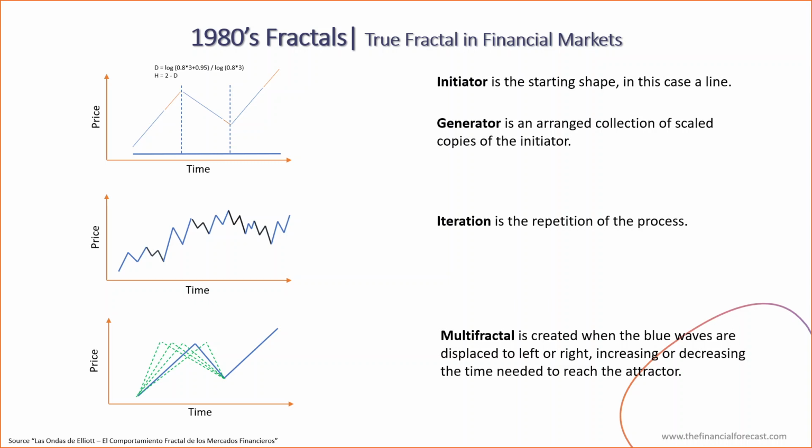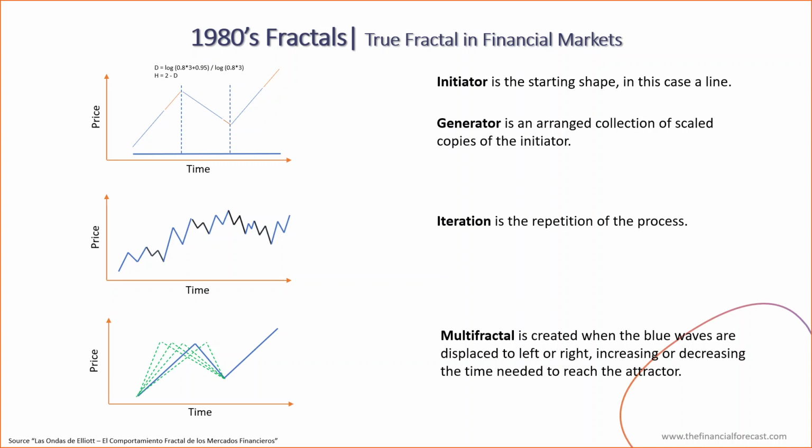And financial markets, as Elliott described before, are fractals. But for that, they need to fulfill two very important characteristics. One, they need to have fractal dimension, and the next one is they need to have self-similarity. Both are there in the financial market, so that's why we can incorporate them into the fractal set.